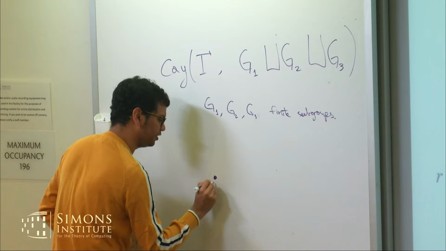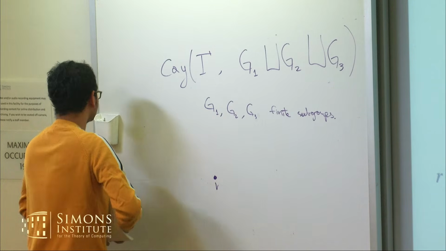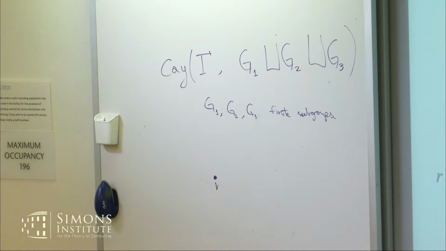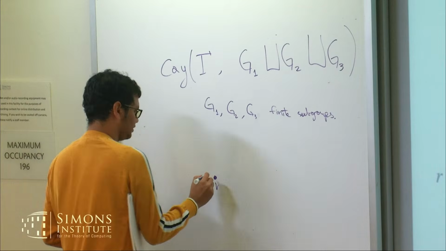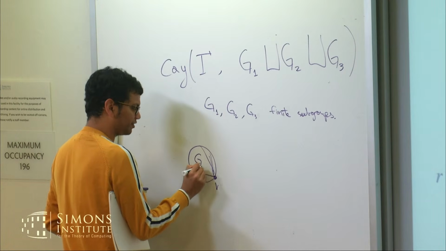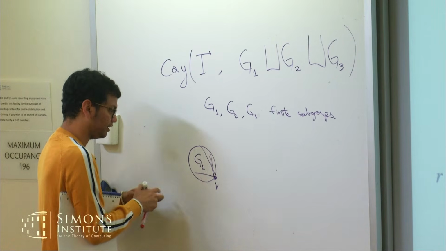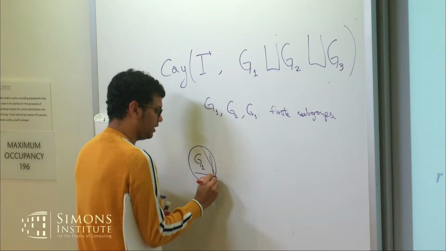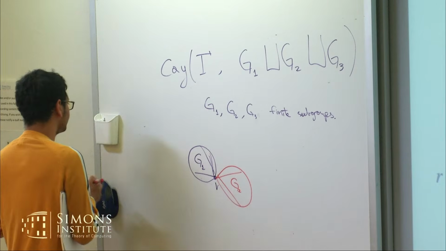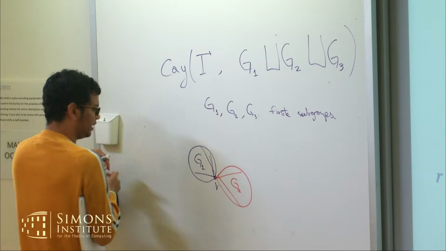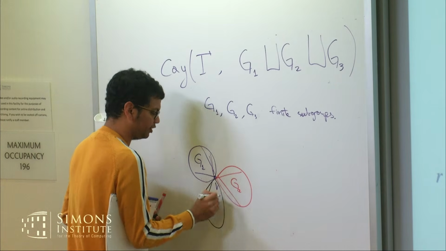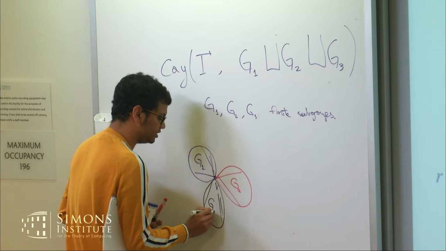So here I have a vertex V. Let me use three different colors to draw what's happening. So maybe here I have all the edges which come from the first group G1. And then in red, I have the edges that come from the second group, let's call it G2. And then in black, I'm going to have edges coming from the third group, let's call it G3.